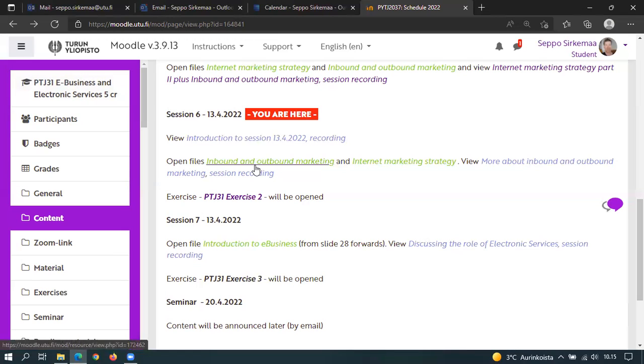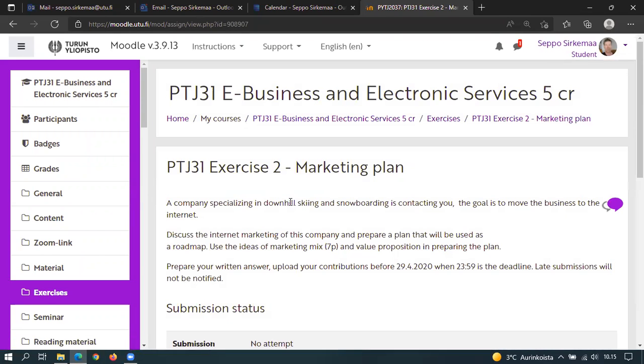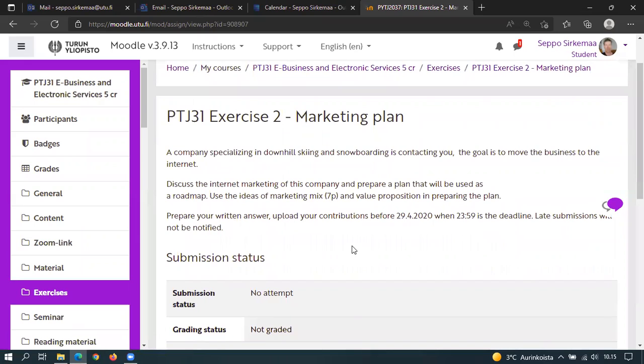There are actually 2 exercises that you are supposed to look at. And let's have a look at the first one, exercise number 2, and then there is another one, the last exercise of this type, exercise number 3. This exercise is about making a marketing plan. A company specializing in downhill skiing and snowboarding is contacting you, and the goal is to move the business to the internet.